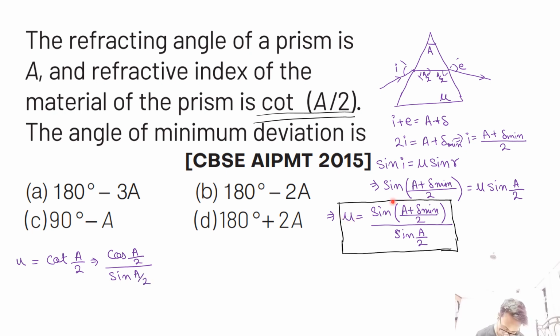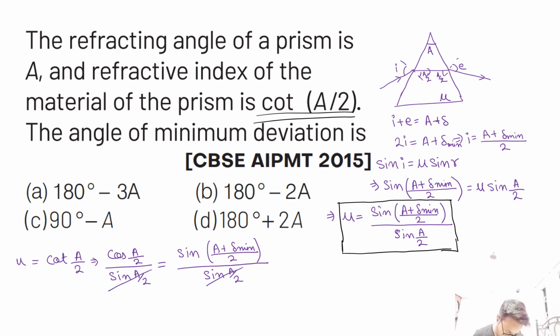The value of mu is nothing but sin of (A plus D minimum) by 2 divided by sin A by 2. Sin A by 2 and sin A by 2 get cancelled.